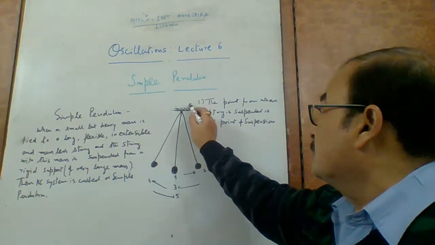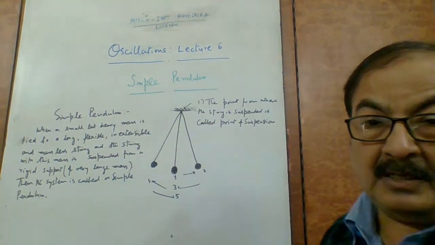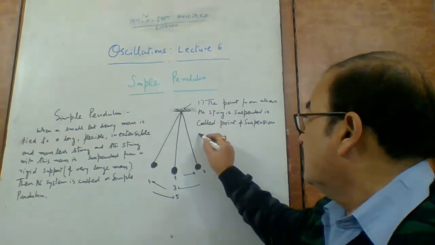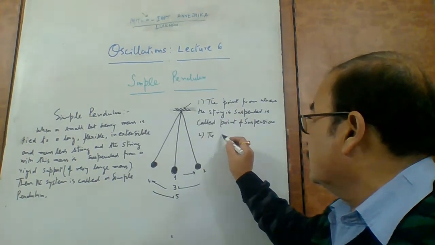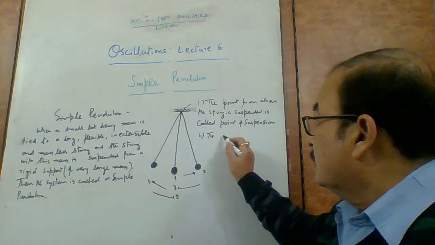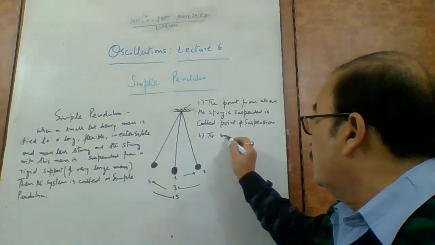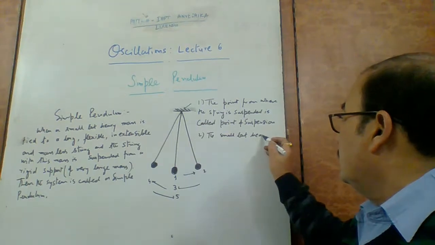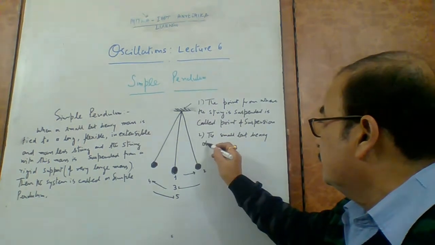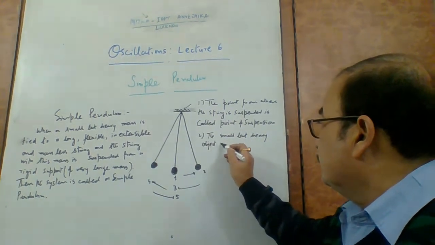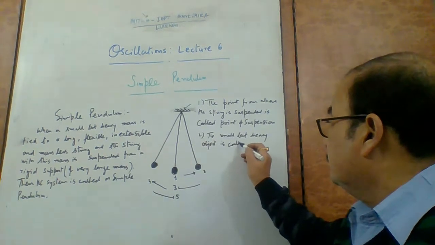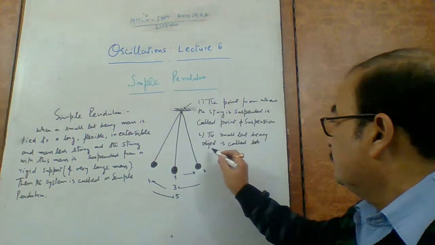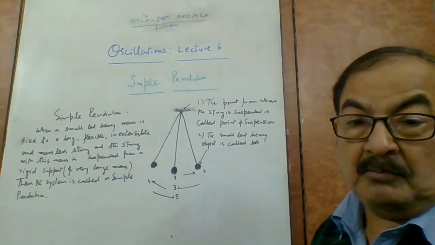This point is the point of suspension. Clear? Number two, the small but heavy object is called the bob. This one is your bob.